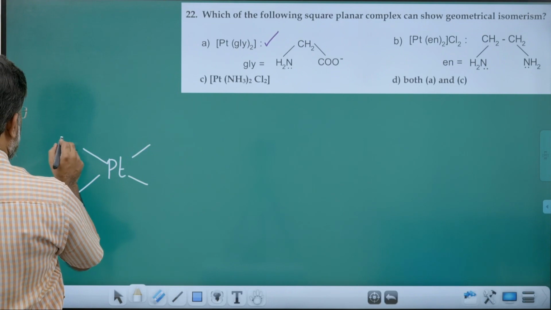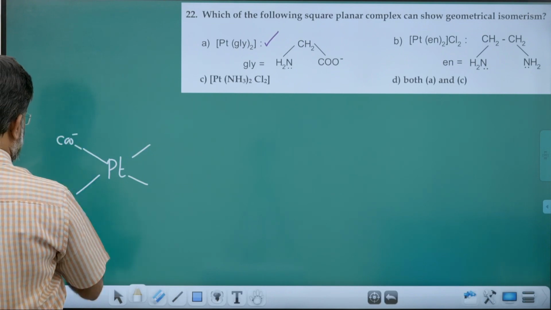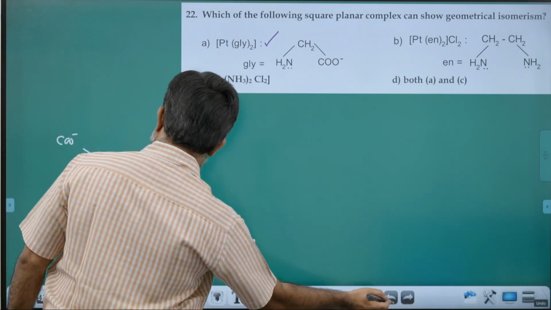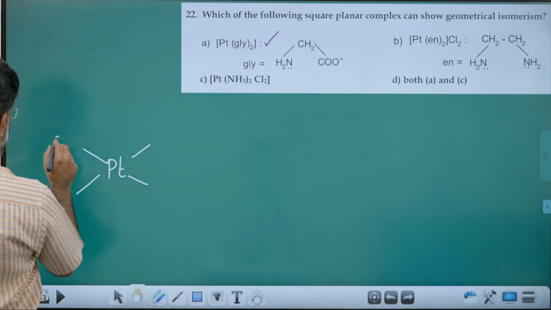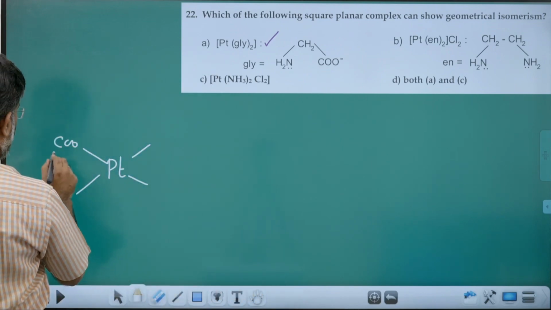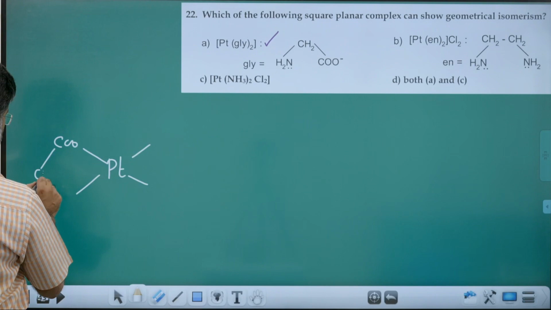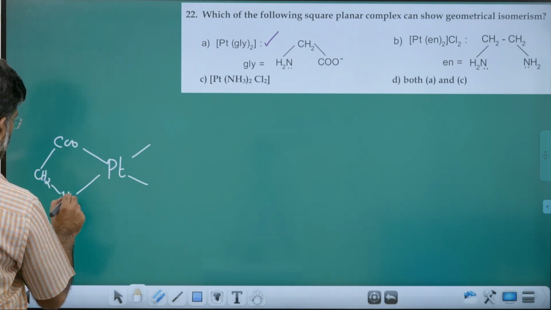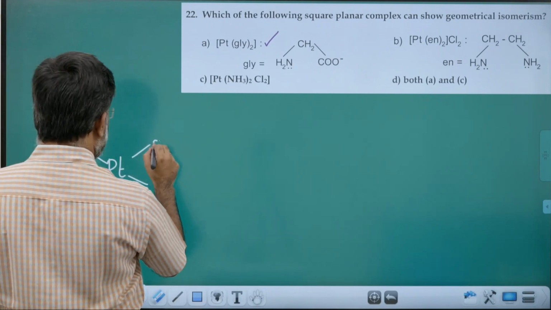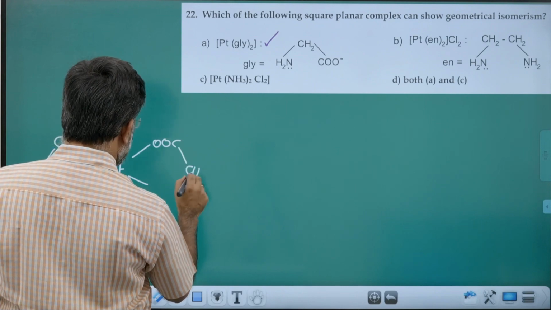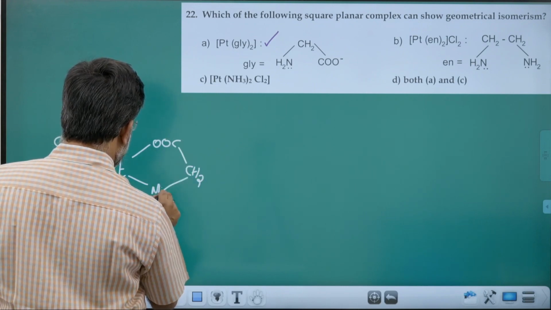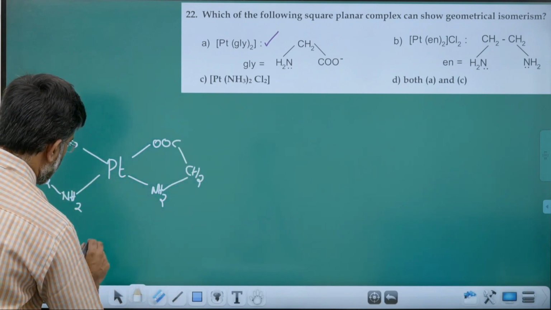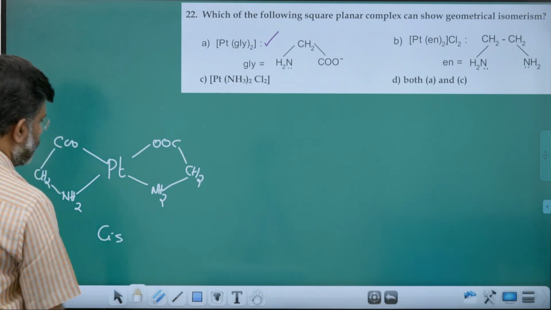You see that? Imagine here comes COO minus, CH2 NH2, and COO minus, CH2 NH2. I think you understand this is cis.